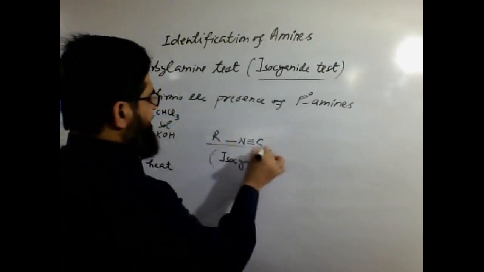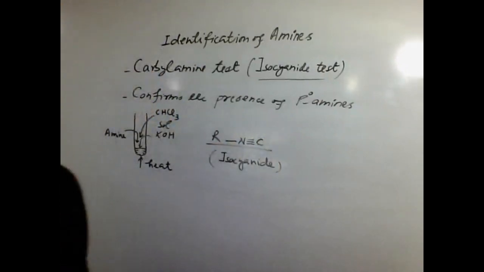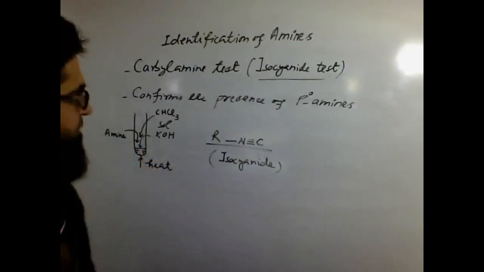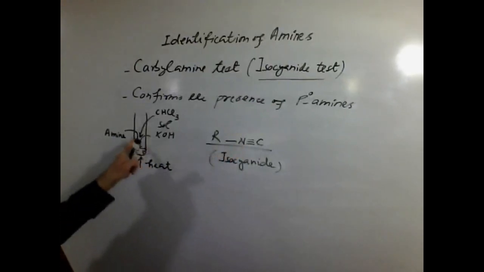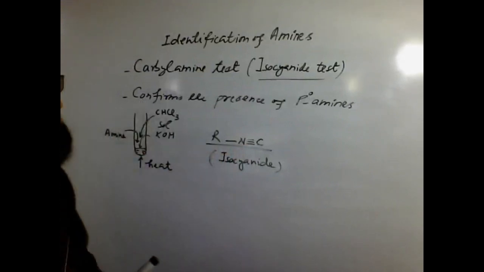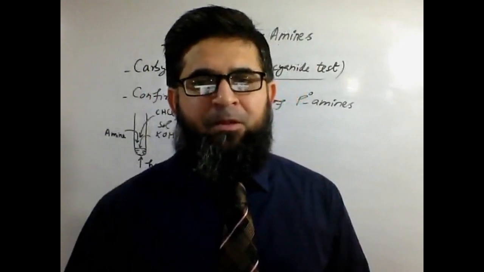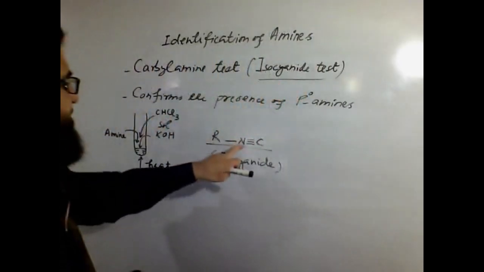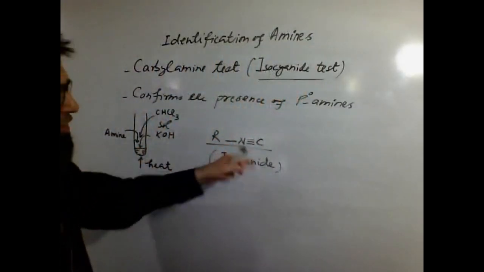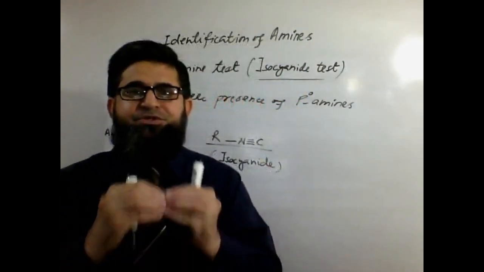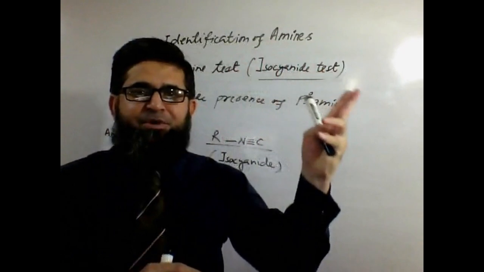The isocyanide is generated inside the test tube after heating for a few minutes. The bad smell from the test tube will confirm that the isocyanide has been formed inside the tube. The isocyanide is produced from the corresponding primary amine.